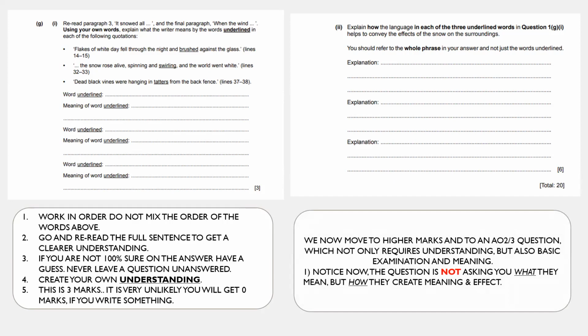Then we move on to question 2 on the right here, and moving on to higher marks and an AO2 or AO3 question, which not only requires understanding, but also basic examination and meaning. Notice now, the question is not asking you what they mean, but how they create meaning and effect.